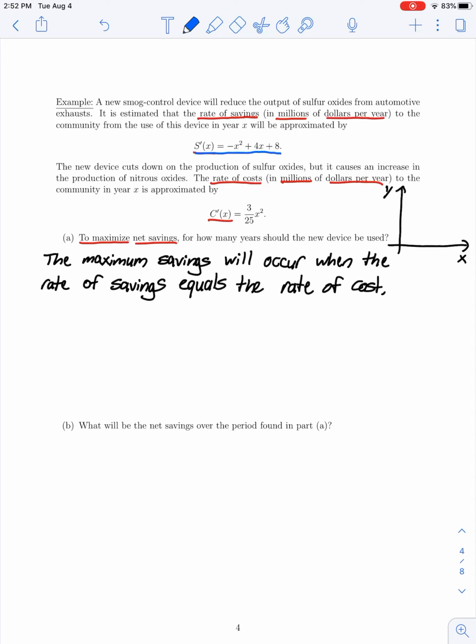And we see that when x is equal to 0, the y value would be 8. So we have some parabola opening downward, looking something like this, is our S prime of x, a rate function for savings.